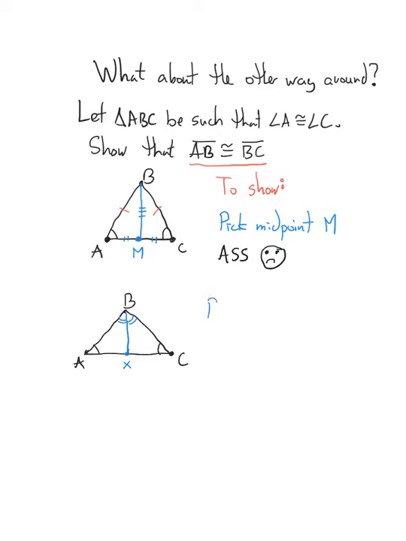So let's do that. Let's pick point X on line segment AC such that angle ABX, and I'm using this three vertex notation for angles here because I can't just say angle B, is congruent to angle CBX.